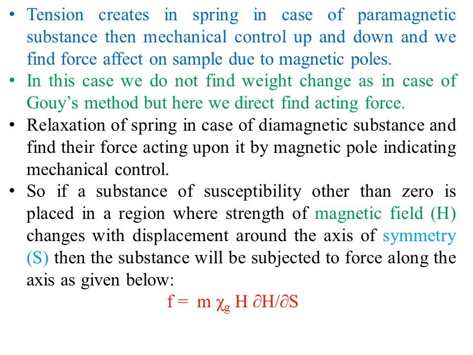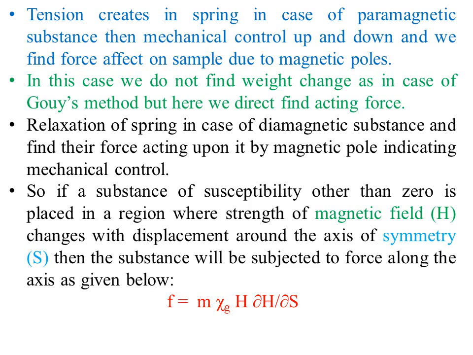We find the force acting upon it by the magnetic poles, indicated by the mechanical control. So if a substance of susceptibility other than zero is placed in a region where the strength of the magnetic field changes with displacement along the axis of symmetry, that is mentioned as S, then the substance will be subjected to a force along the axis as given below.